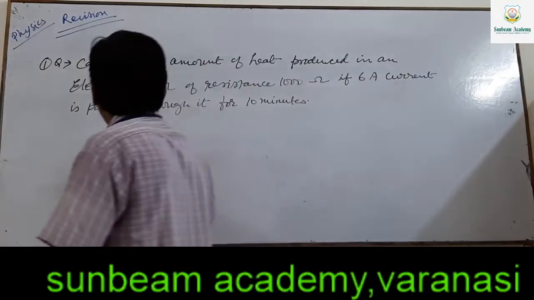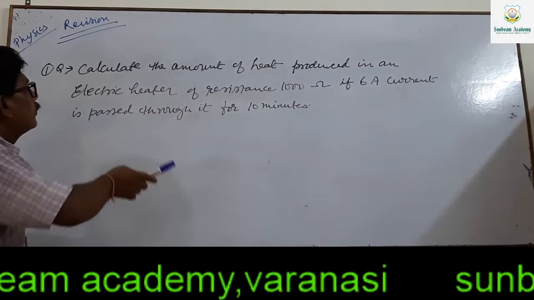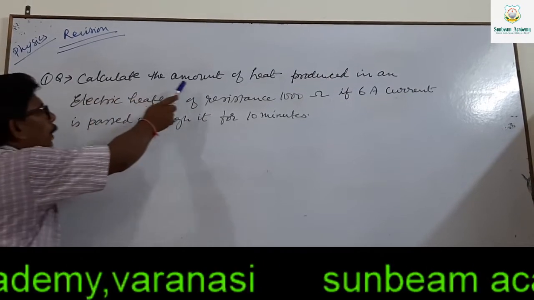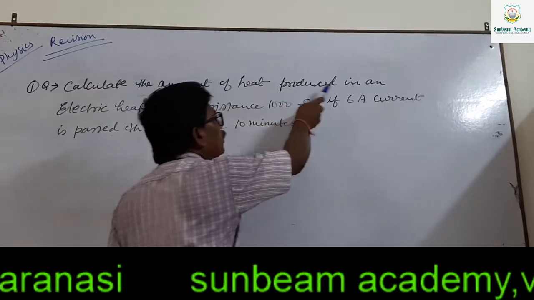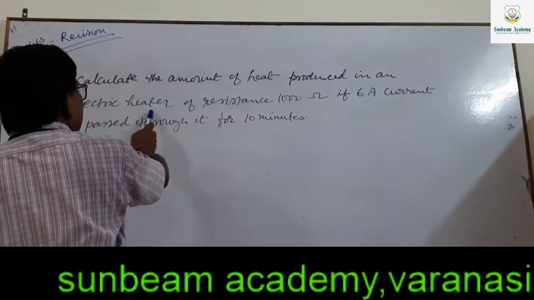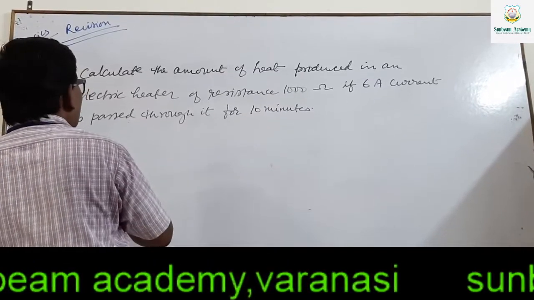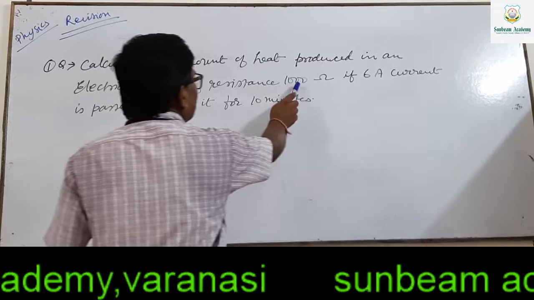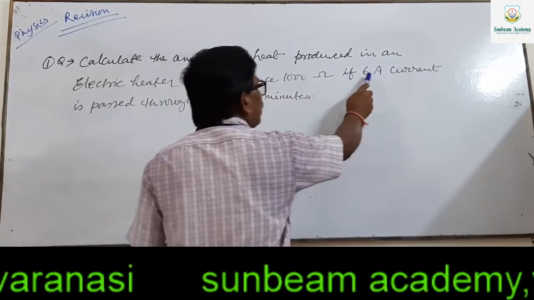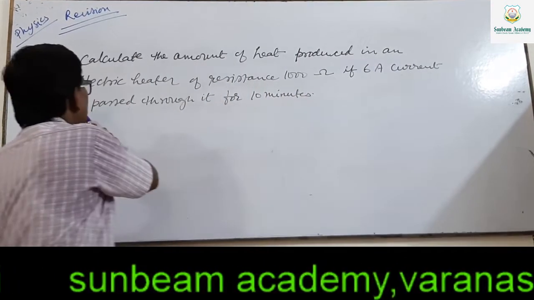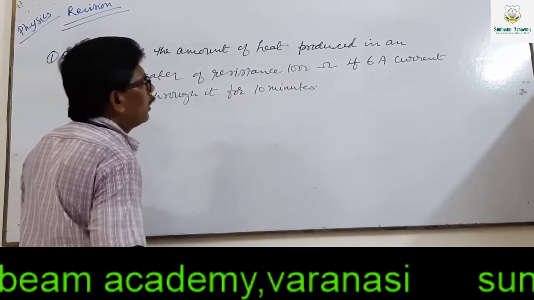Now let us see the first numerical. Calculate the amount of heat produced in an electric heater of resistance 1000 ohm, if 6 ampere current is passed through it for 10 minutes.